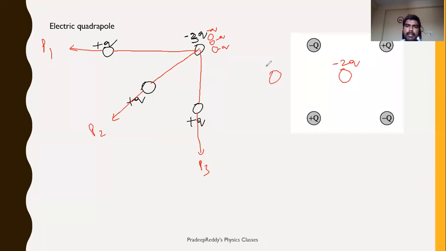And this is plus Q. This is plus Q. And you have one more plus Q. Now as it is minus 2Q charge, this forms one dipole P1. This forms one dipole P2. And this will not form any dipole because there is only 2Q charge. 2Q is already shared with this charge and as well as this charge. So if there are as many number of charges even, there will not be any dipoles formed. So remember that thing.